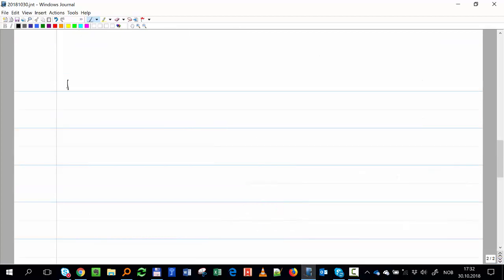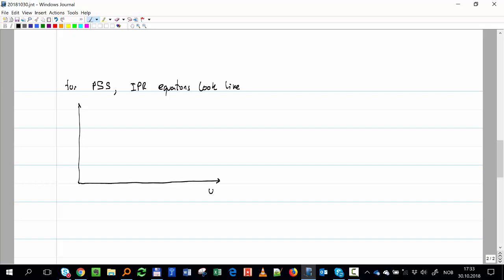But, so, for pseudo steady state, if you have just an undersaturated liquid, undersaturated oil, it just looks like a straight line.